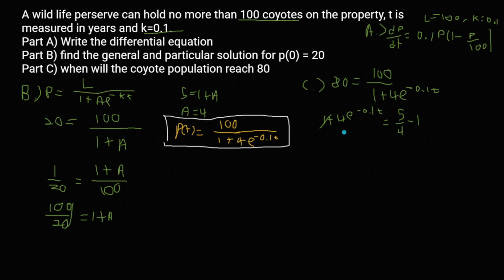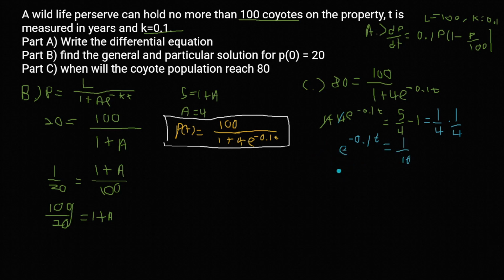And so now we can also divide by 4 here at the same time. So 5 by 4 minus 1 is 1/4. Just going to set this equal to 1/4. And then we're going to divide by 4 again. So we're going to say times 1/4. And so now we have e to the negative 0.1 t is equal to 1 over 16.